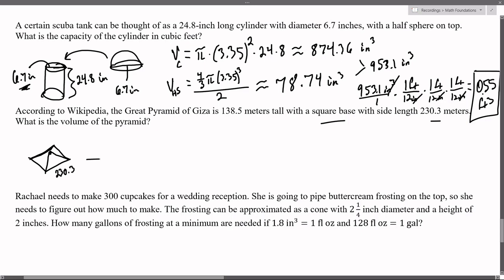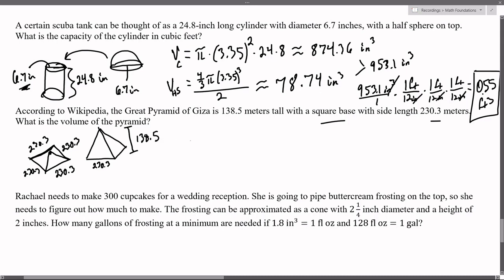Let me just show you a side drawing of this. This would be just like a pyramid here, with the square base of 230.3 all the way around, that's what the square base means. And then the height of this pyramid is 138.5 meters tall.